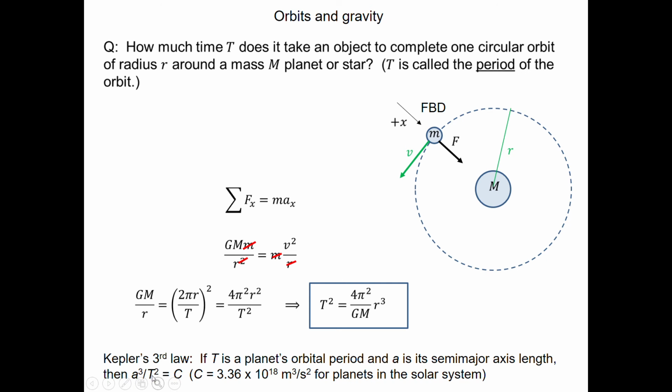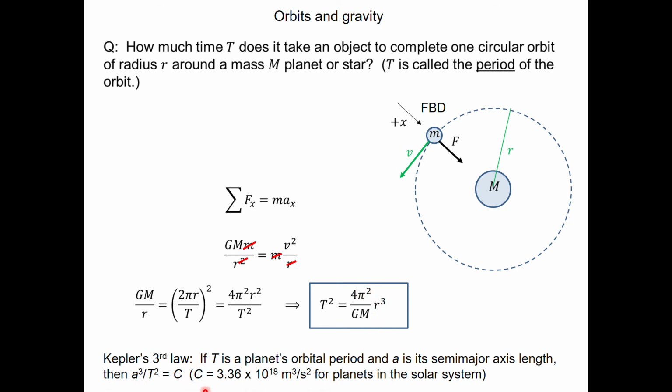So it's going to be the same for all objects that are in orbit around the sun, the same for every planet in the solar system. So that's just showing that one of the results from Kepler's laws, the third law, can actually be derived from Newton's law of gravitation. And in this case, we can calculate exactly what that constant should be.